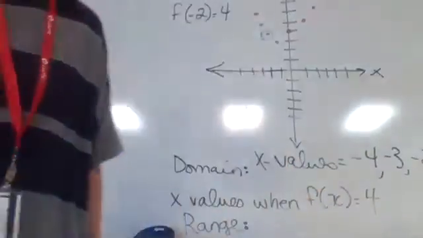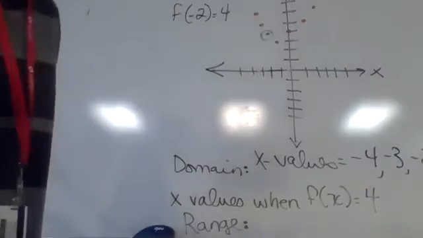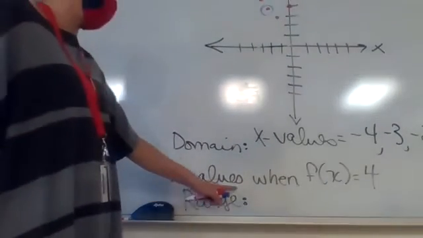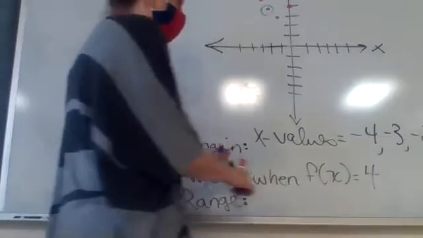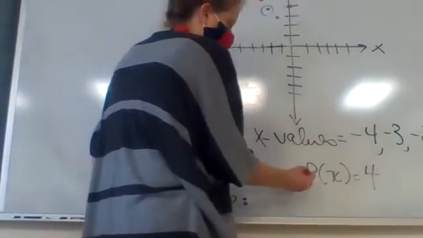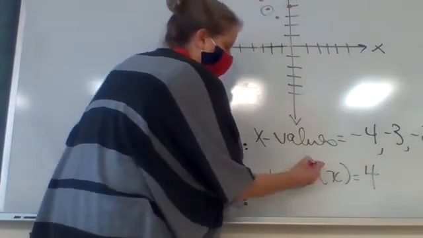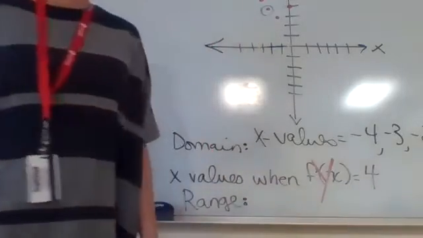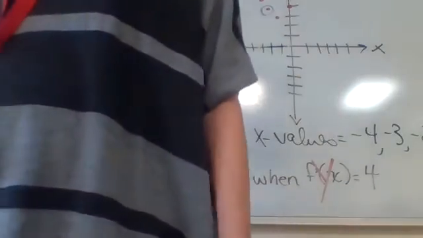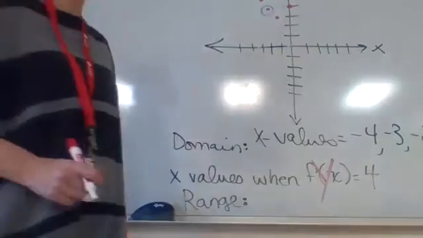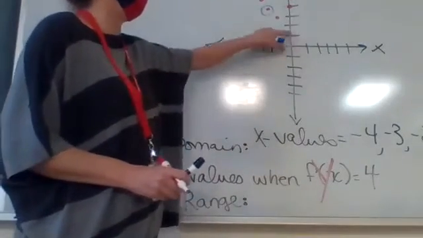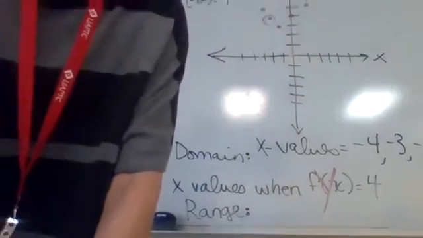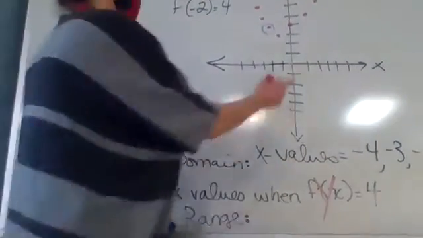The next thing it's going to ask you is, what are the x values when f of x equals 4? Remember, f of x is the same thing as y. So it wants me to go find where y is 4, which would mean up 4. Now look at this.